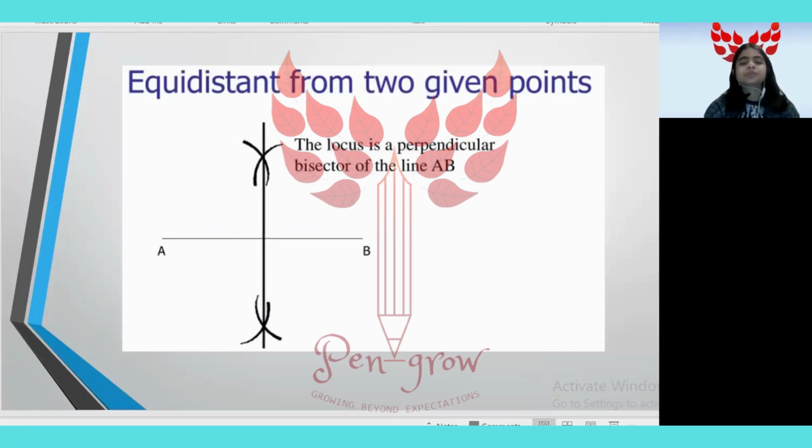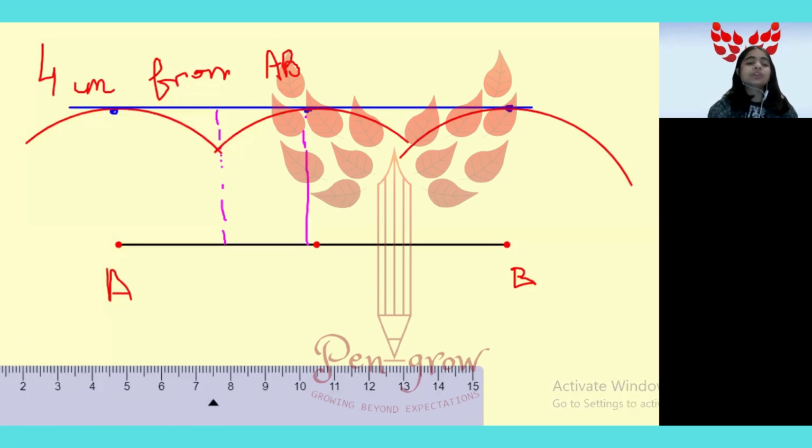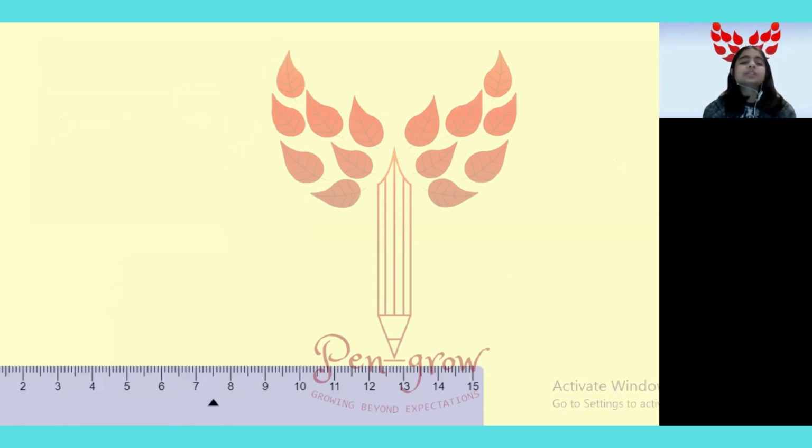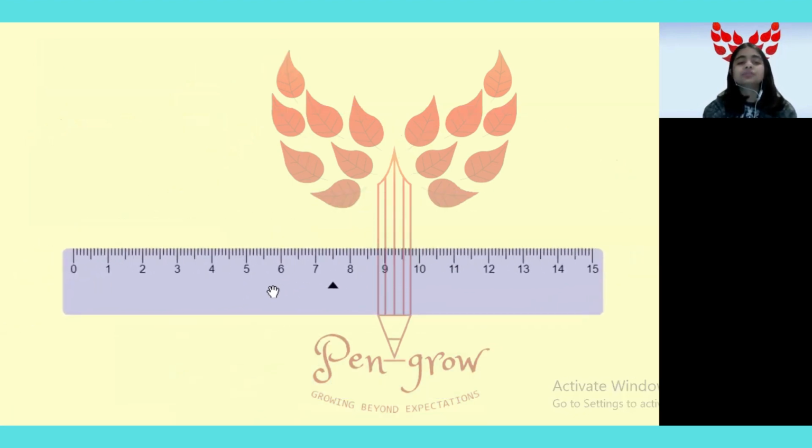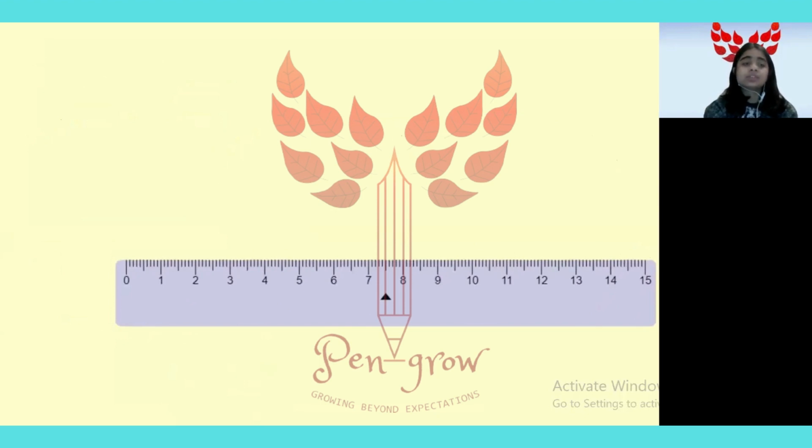And how do we actually do it? So let's come to the making of it. So let's say AB is a line of 6 centimeter, right? Let's make a line of 6 centimeter with pink color.